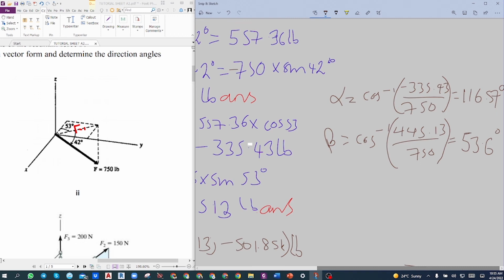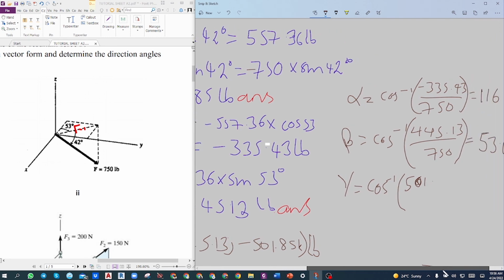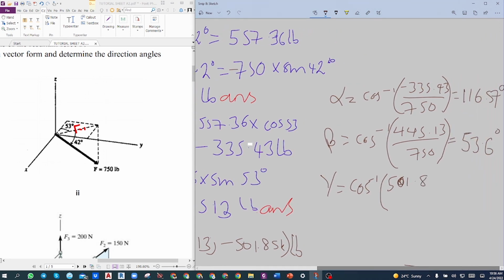And our gamma is equal to cos inverse of 501.85 over 750, and it is negative here.